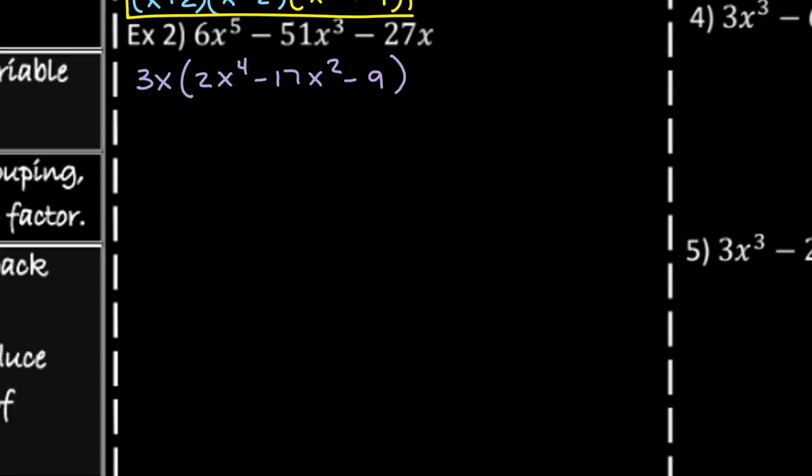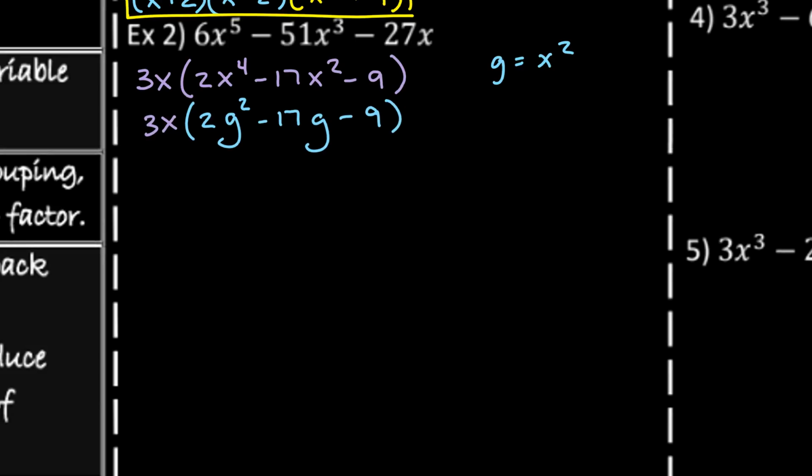So I'm going to replace g with what? X squared again. Yep, it's x squared. Because how many g's replace x to the 4th power? 2. So I have 2g squared minus 17. What replaces x squared? Minus 9.